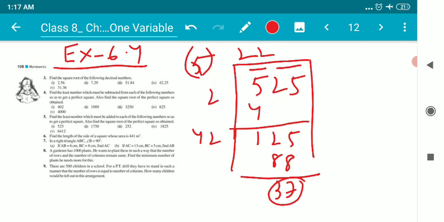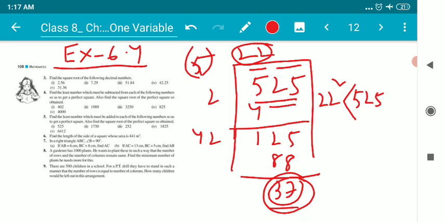So what did we understand? Children, it is clearly understandable that 525 is greater than the square of 22. How? Because 22 square is lesser than 525, since I got a remainder and it's not going perfectly.